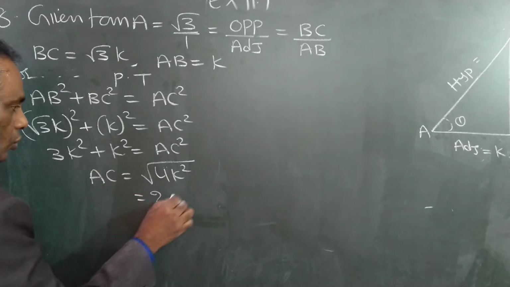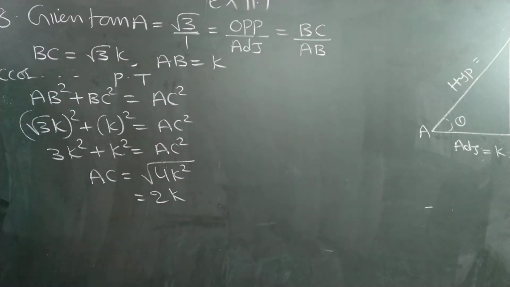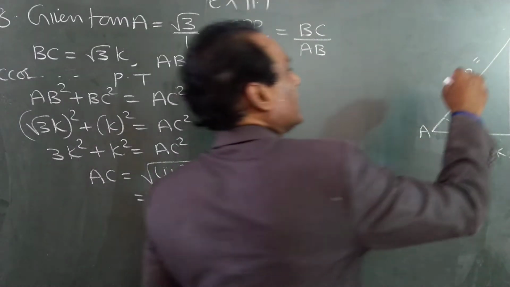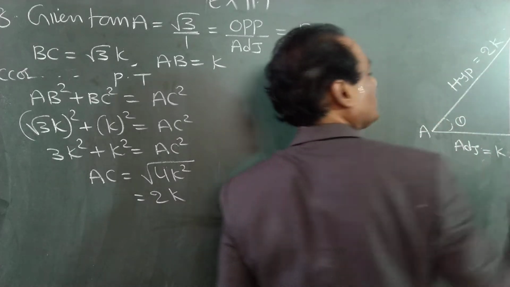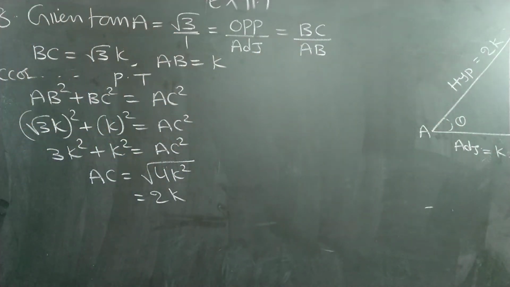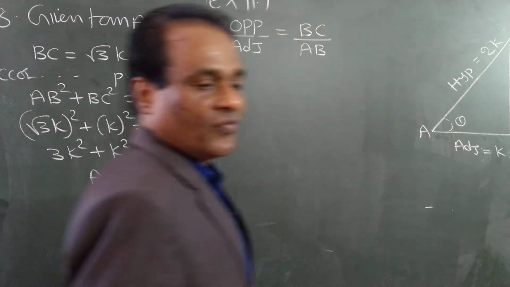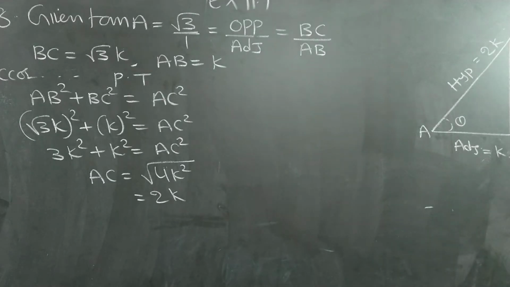Root 4 is 2, the square root cancels k, 2k. We got the hypotenuse 2k. Following or not? Same model, no change.